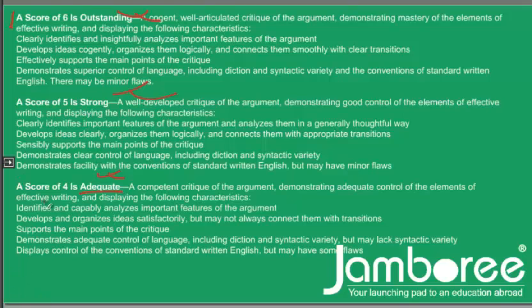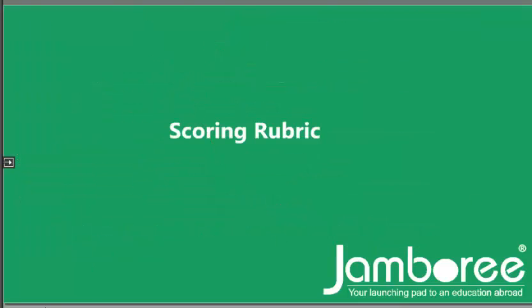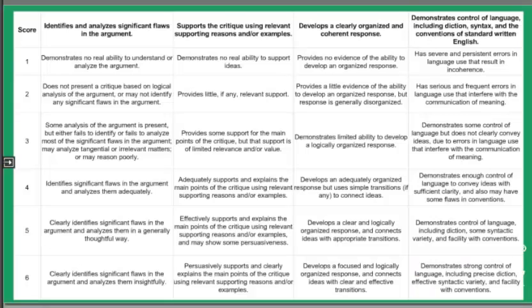Don't even bother about how the university views 3 and 2, because you are not getting admission with a score of anything less than 4.5. This is a scoring rubric. It may be a little hard to read. Your AWA essay is scored on these 4 parameters.